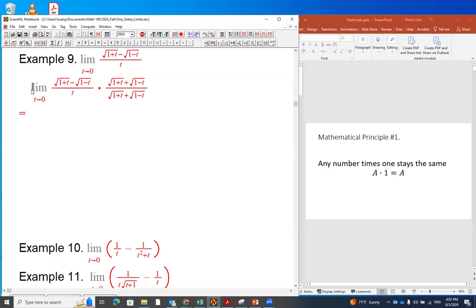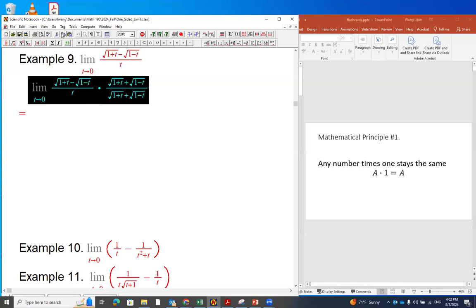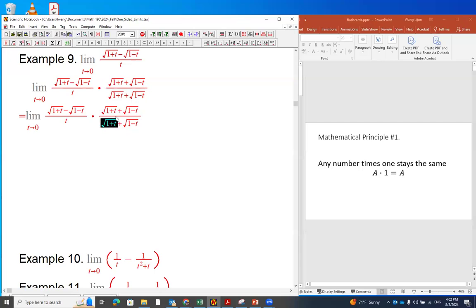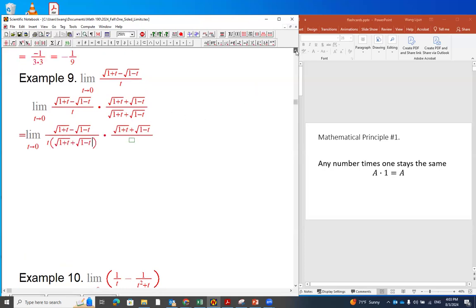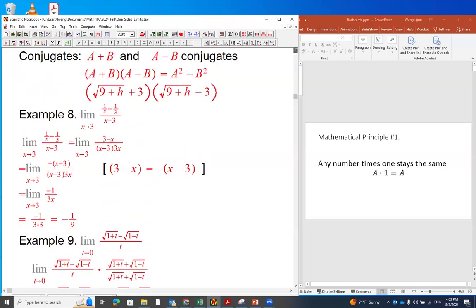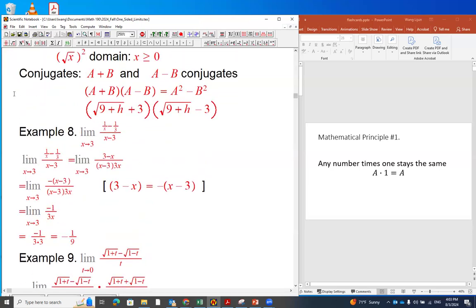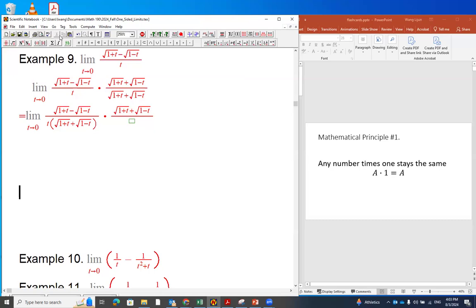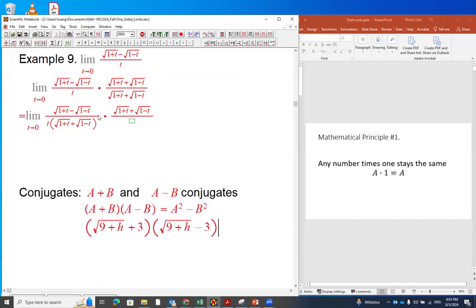So after we multiply the conjugates, the next step, we're going to take denominator times denominator, numerator times numerator, but for numerator times numerator, we're going to bring this conjugate thing with us, right? We're going to bring the conjugate thingy with us for our convenience.